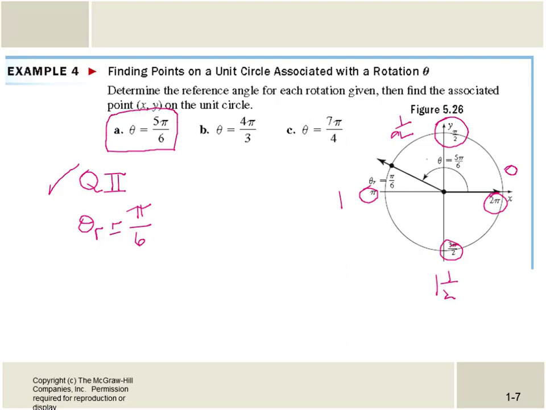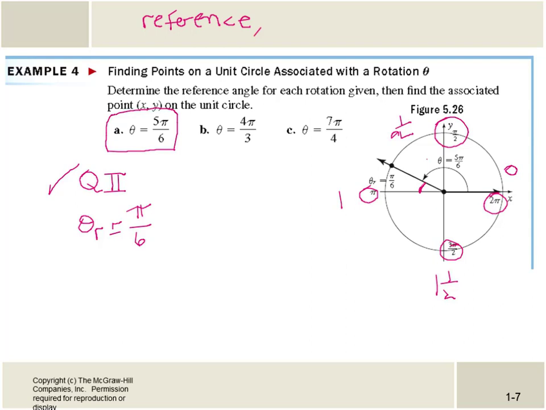Now we say, okay, it's in quadrant 2. The reference angle is always the angle that the terminal side makes with the closest x-axis. So here's an important feature. Reference angles, sorry, this is not really my handwriting, some of it has to do with writing on the screen.